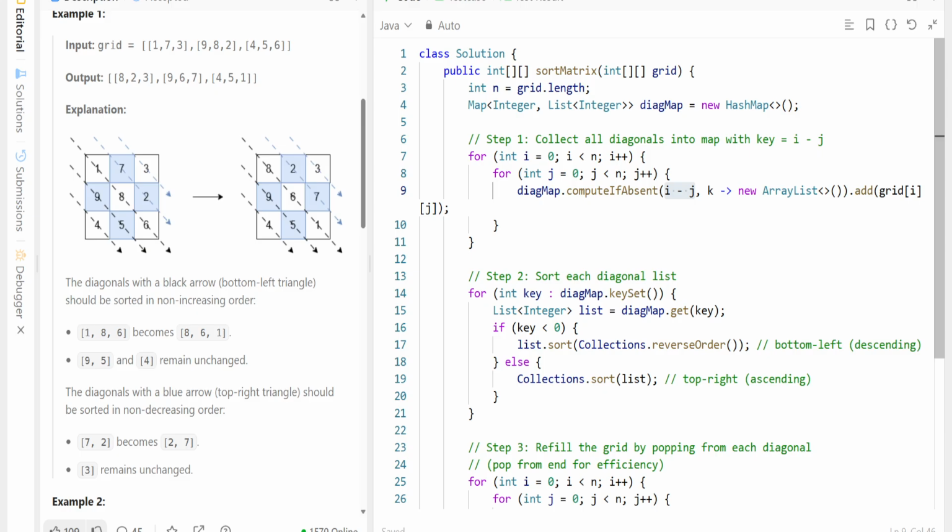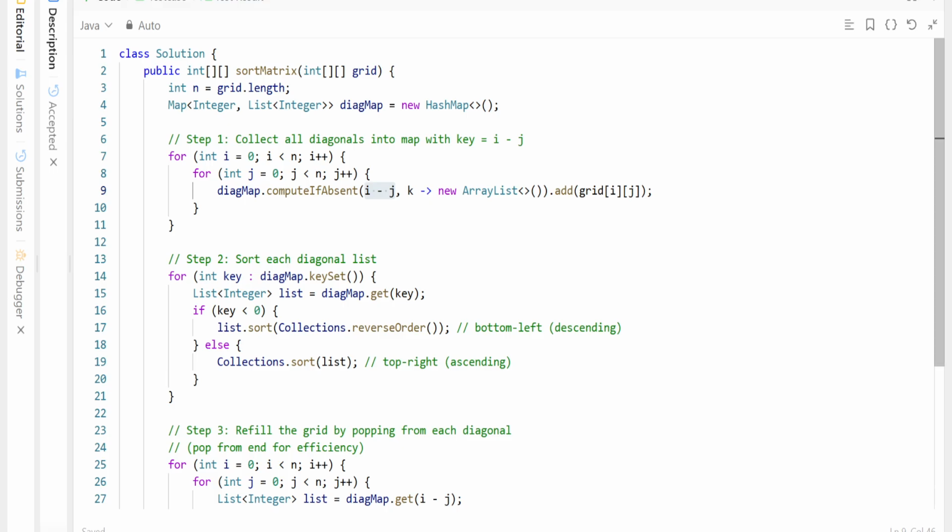So i minus j is coming 0, means this is 0,0, then we have 1,1, then we have 2,2. So when i becomes 0, we talk about 1, 1, 8, 6. We'll keep adding all those values, 186. Similarly, for others, we find the keys, right?